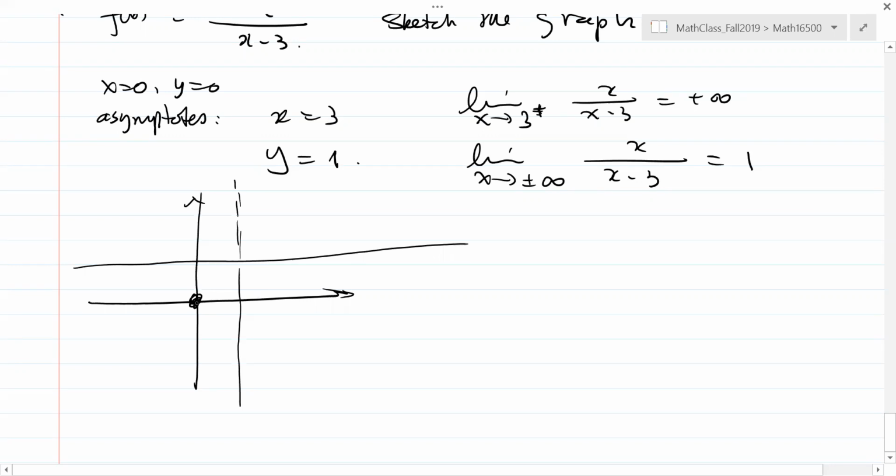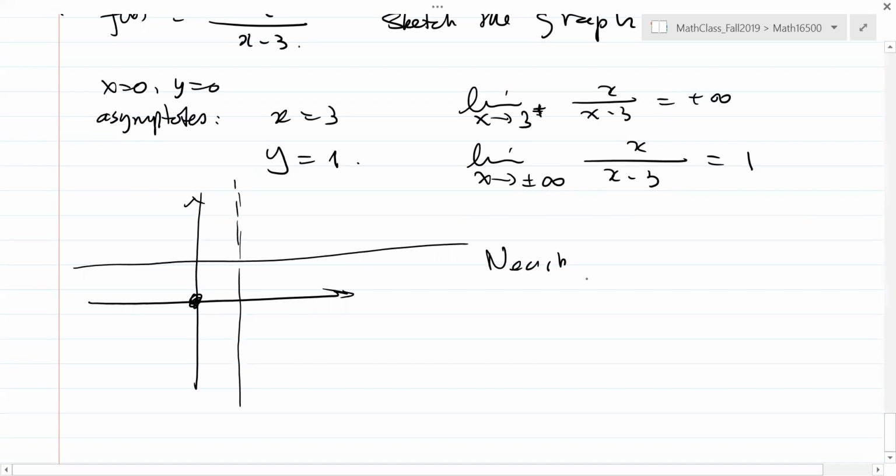Nearby infinity, the graph will approach the asymptote. So nearby the vertical asymptote, how does it look?